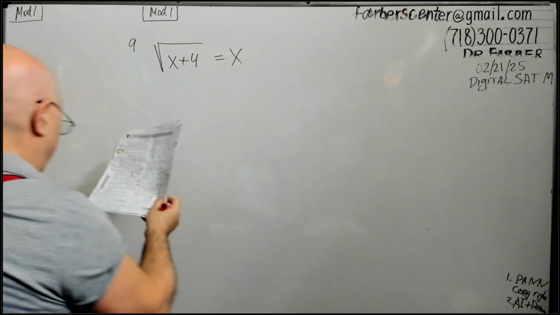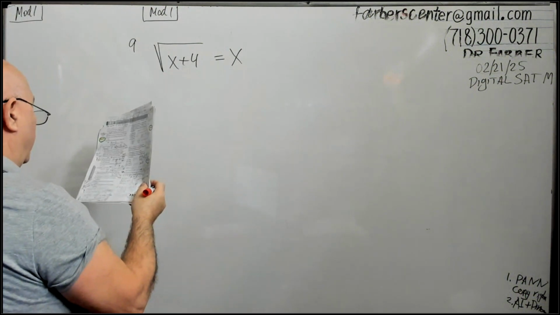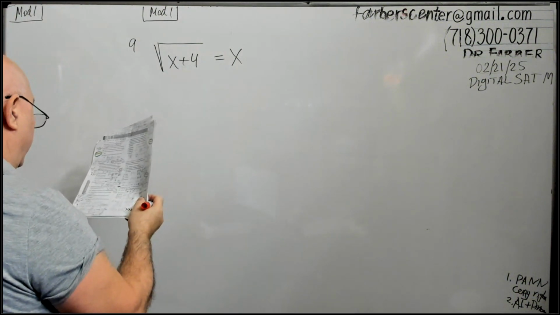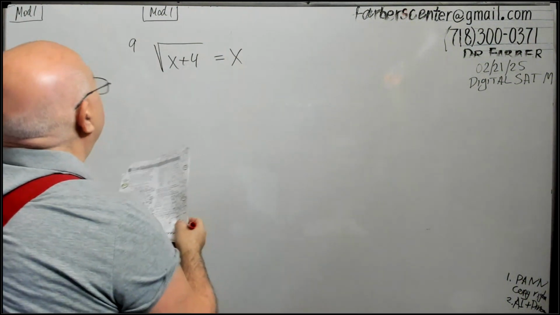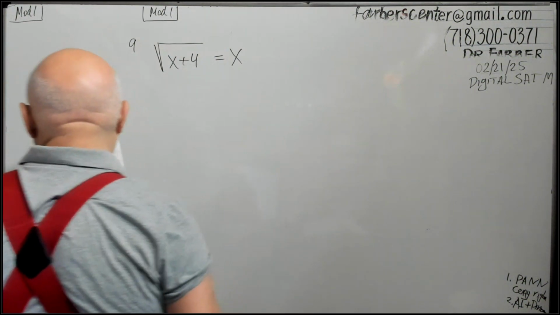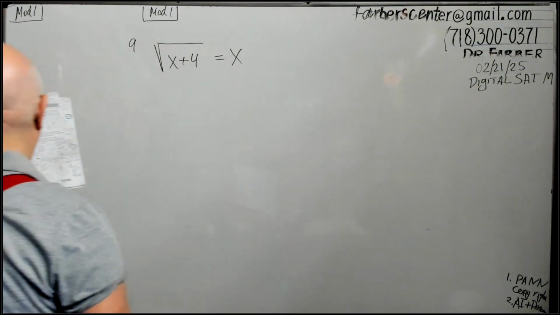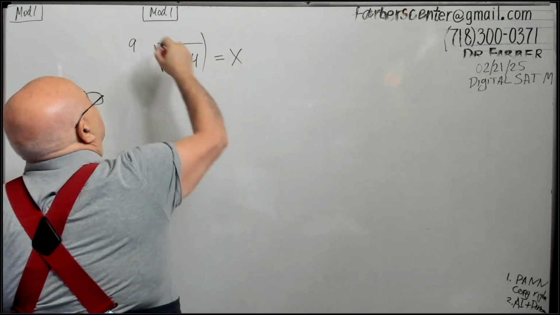And the question is, which of the following describes the solution set? So how to solve a radical equation? Just let me see if I wrote this correctly. Sometimes I skip some numbers. So put both parts to the second power.